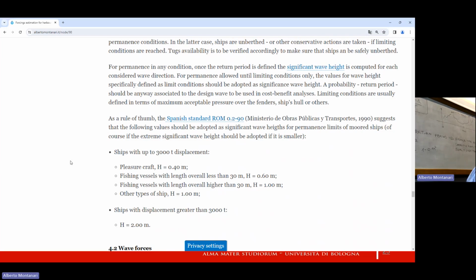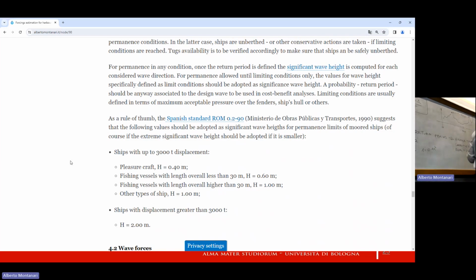For the significant wave height, usually the design of berth is done with reference to the significant wave height. It is computed in this way: you take the recording of all waves, and then you take the upper 1/3 of the wave height, and you compute the average.